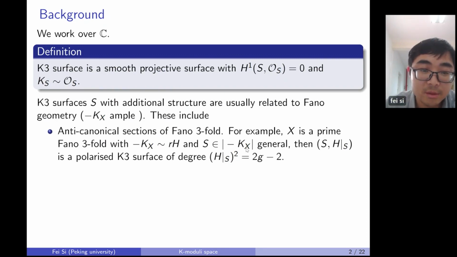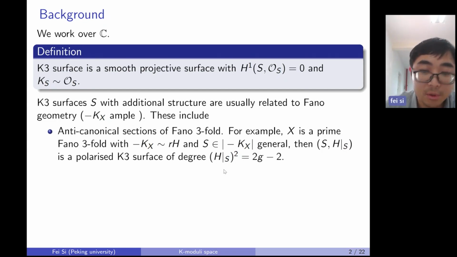Then we will get a polarized K3 surface of fixed degree. This degree is given by the intersection number, so it's 2g minus 2. Here, g can be viewed as the genus of the curve sections in this polarization.